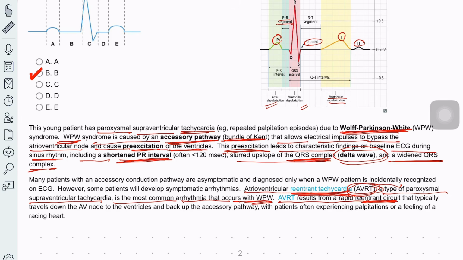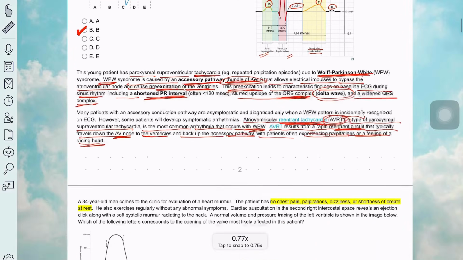AVRT results from a rapid reentrant circuit that typically travels down the AV node to the ventricle and back up the accessory pathway. These patients often experience palpitation or a feeling of racing heart, and the definitive treatment for Wolff-Parkinson-White syndrome is ablation of this accessory bundle of Kent.